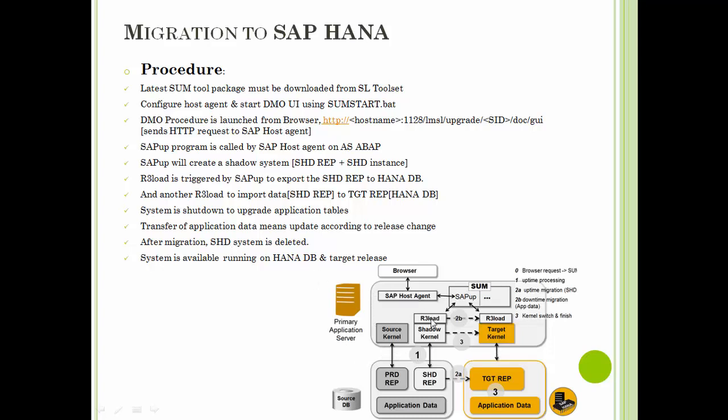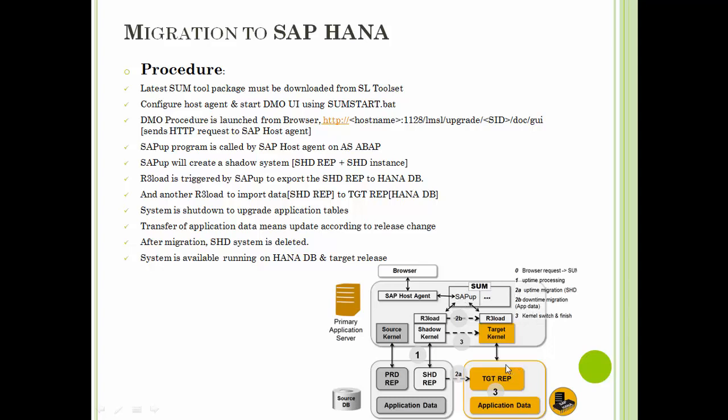So finally, the switch to the target kernel also takes place. That is, the switch from shadow to target kernel. No doubt the shadow kernel was running on the target release, so this switch again will be to the same release, that is 740. And this kernel becomes the new kernel for the HANA database.